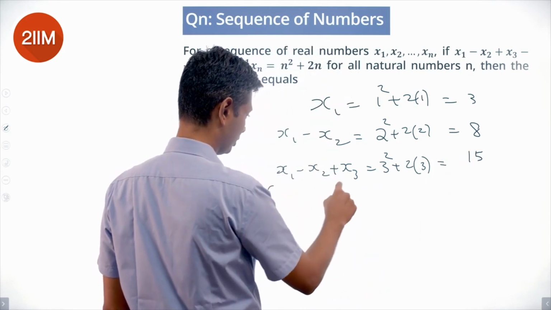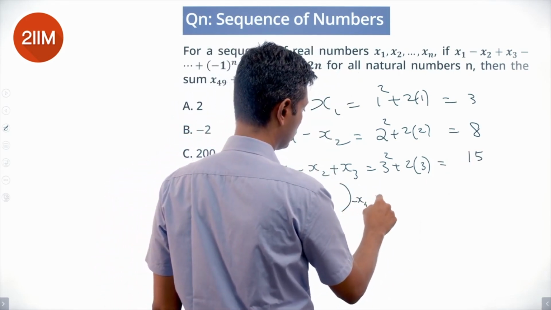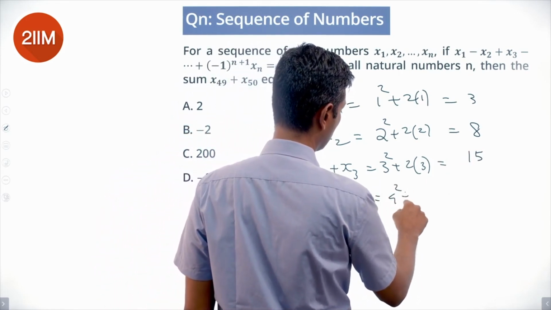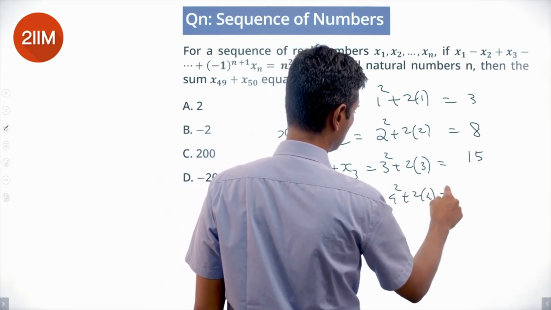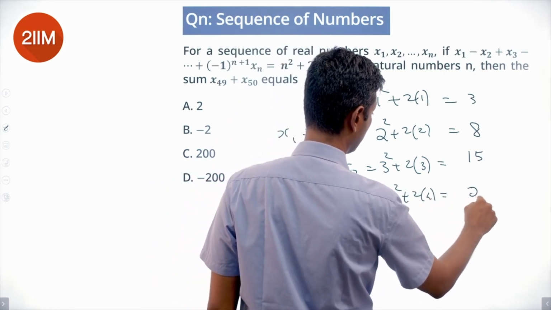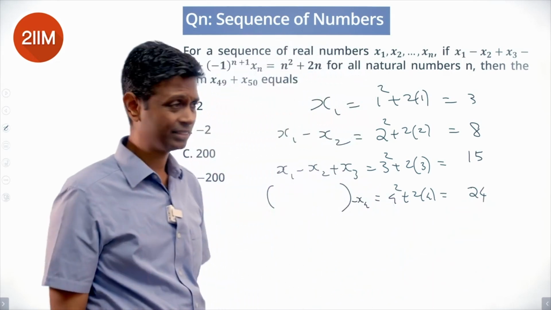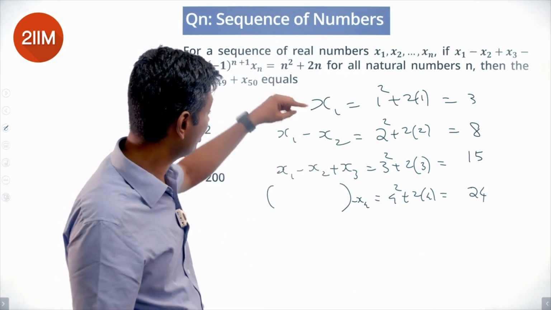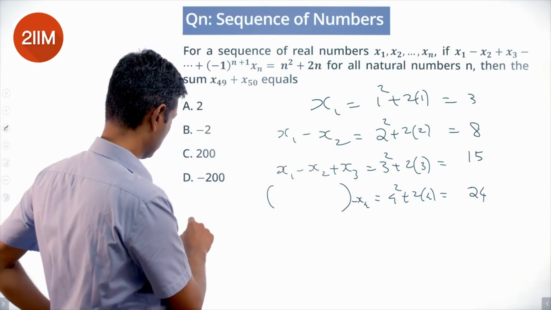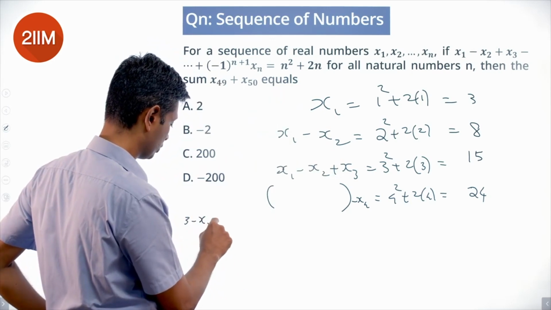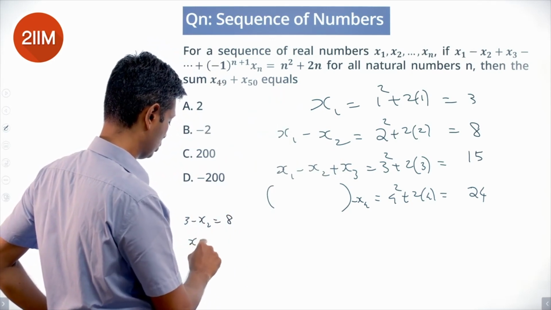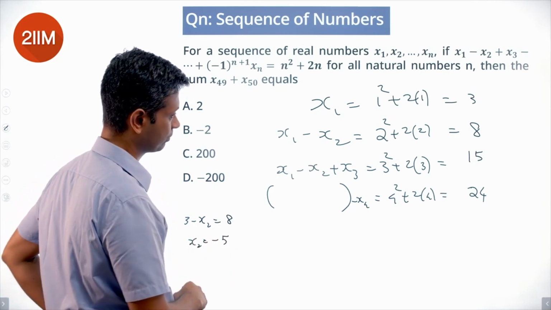This thing minus x4 is 4 square plus 2 into 4, which is 16 plus 8, 24. Nice. x1 is 3, x1 minus x2 is 8. 3 minus x2 is 8, or x2 is minus 5.